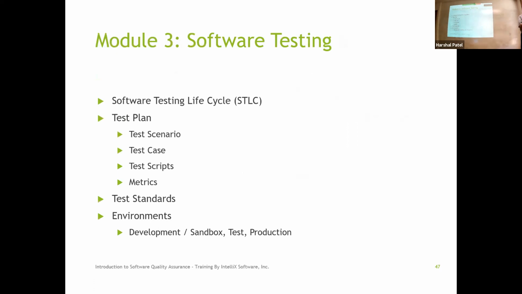So let's jump a little bit more into the analysis phase. The key activity is getting the requirements, but one of the key activities for a quality assurance person is also to put together a testing plan. A testing plan is nothing but a strategy and the detail about how you're going to test the system once it is built.